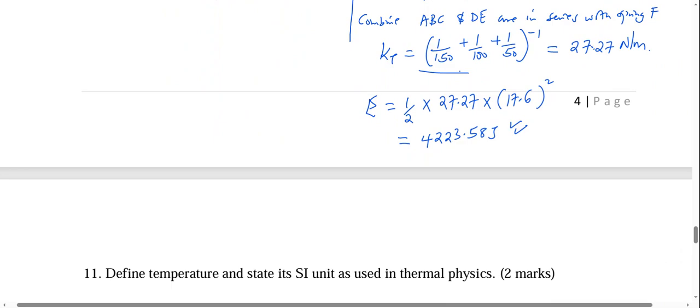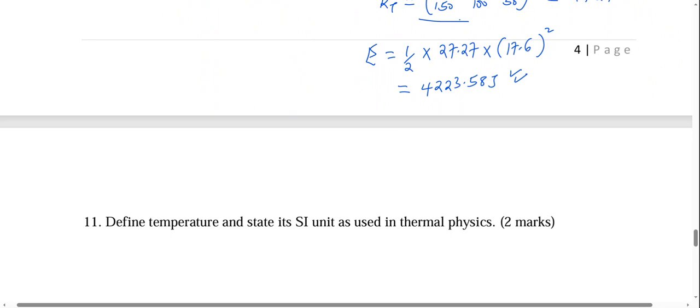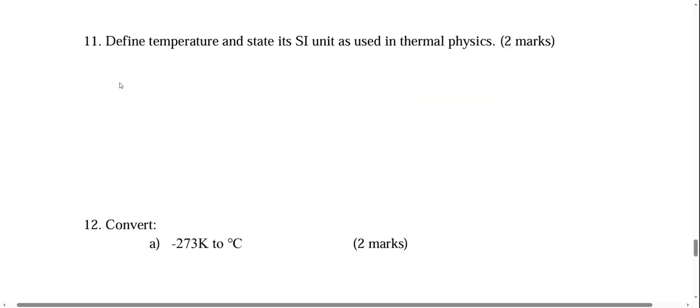So let's look at question number 11. Define the term temperature and state its SI unit as used in thermal physics.